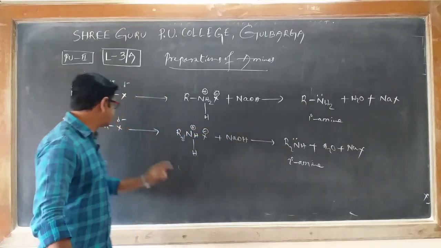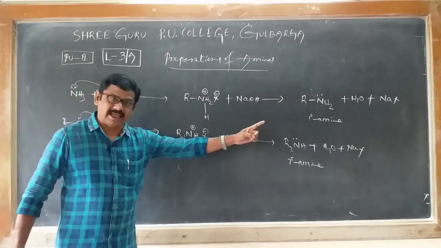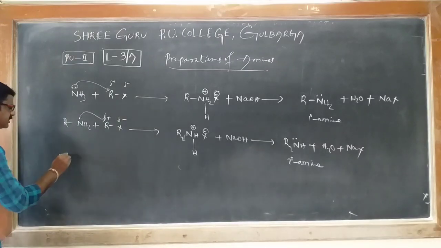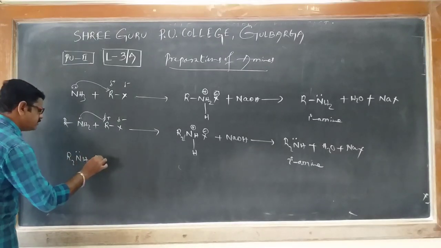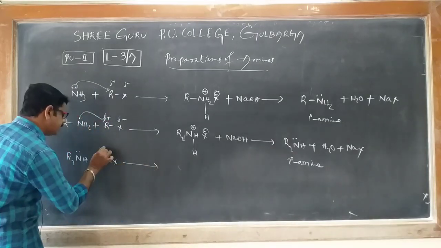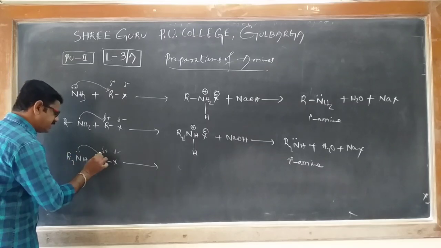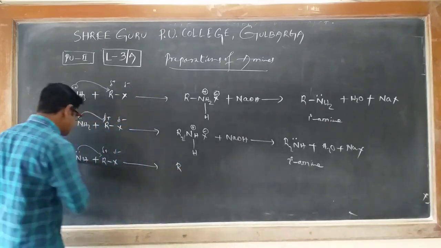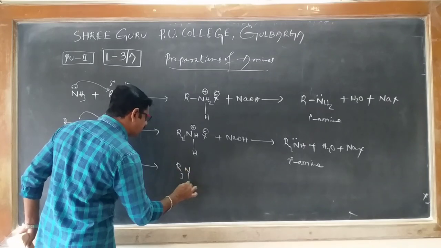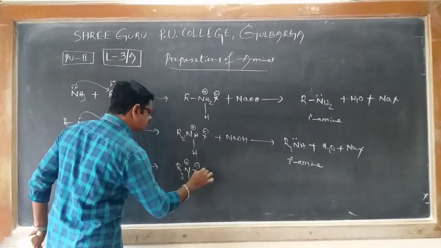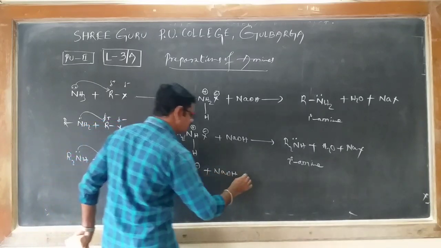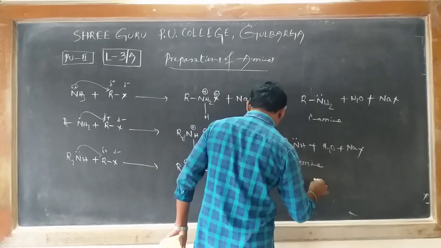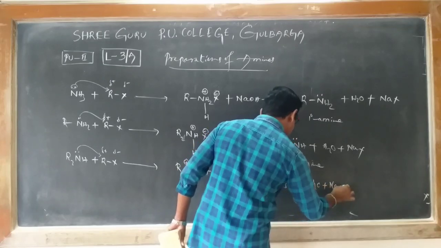That primary amine reacts immediately with one more alkyl halide to give the secondary amine, and at the secondary amine stage also the reaction does not stop. Again the secondary amine, R2NH, reacts with another alkyl halide molecule, and polarity exists again. The secondary amine acts as a nucleophile, donating its lone pair, and we get R3NH+ X-. Reacted again with sodium hydroxide, we get R3N, with the byproducts quite similar, H2O and NaX. That is a tertiary amine obtained.